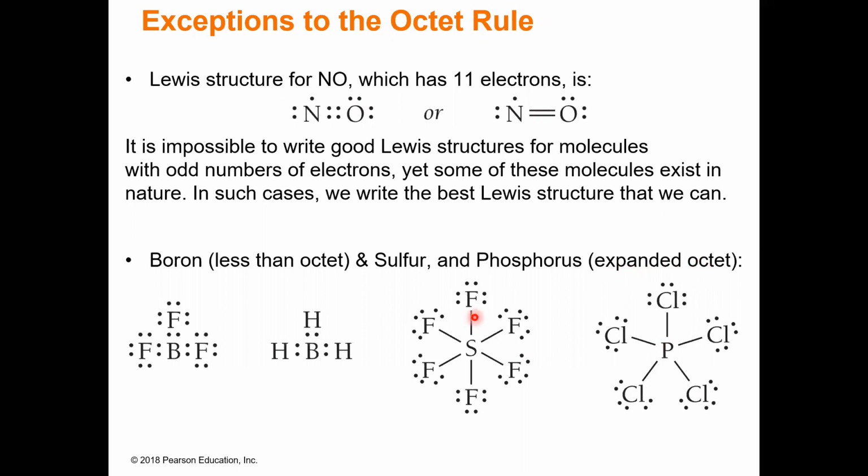So for sulfur here, we see that we have 1, 2, 3, 4, 5, 6, 7, 8, 9, 10, 11, 12 valence electrons around sulfur. And the phosphorus here, we see in this molecule, we have 1, 2, 3, 4, 5, 6, 7, 8, 9, 10 valence electrons around itself.